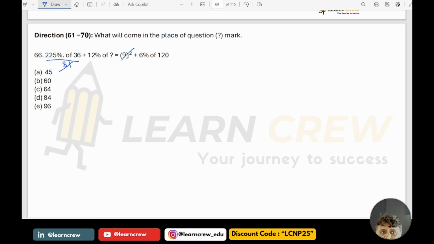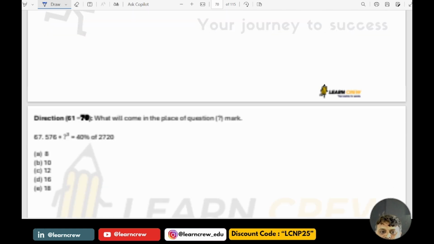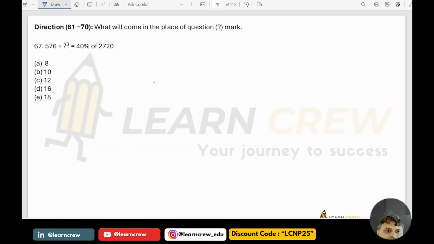Now 12% of how much? This is 12% of 60. 12% of 60 is same as 120% of 6. Now 67, 576 plus how much cube is equal to 40% of 2720. 10% is 272. 40% is 4 into 272. 4 into 272 minus 576.